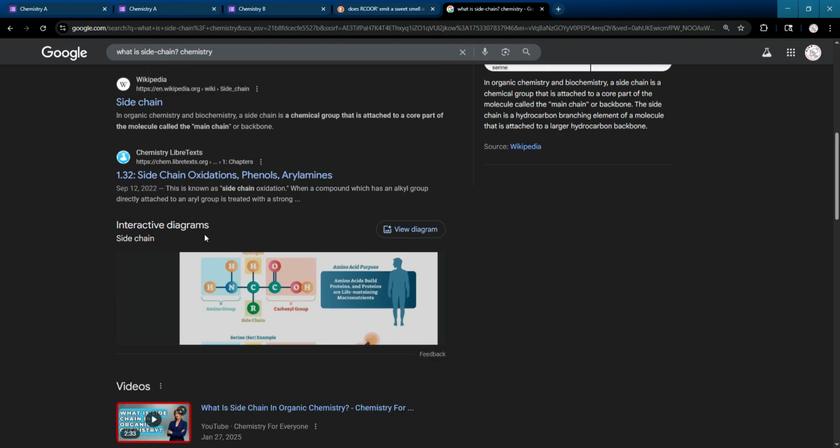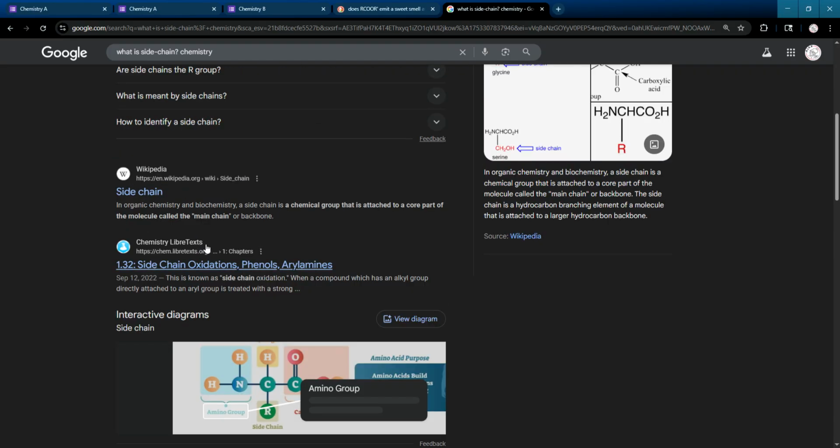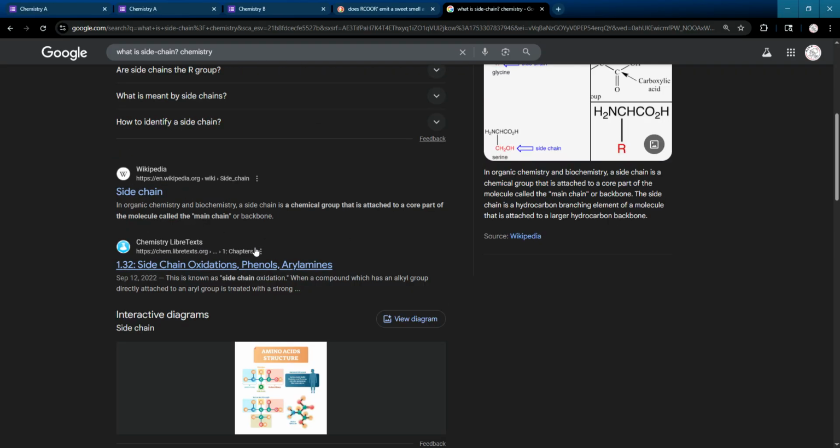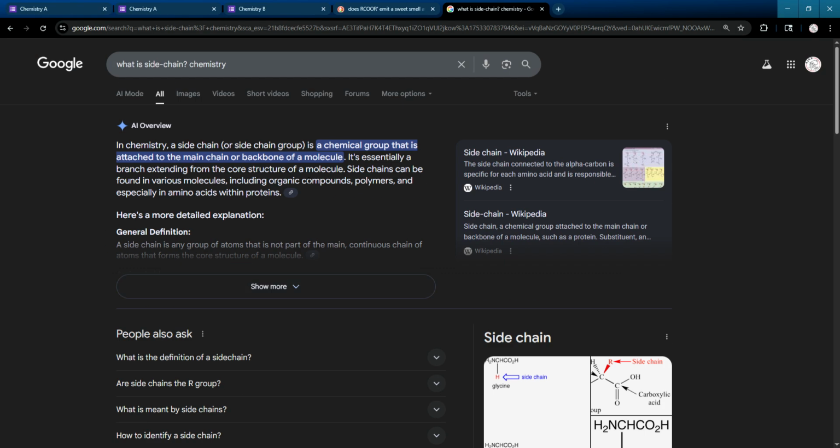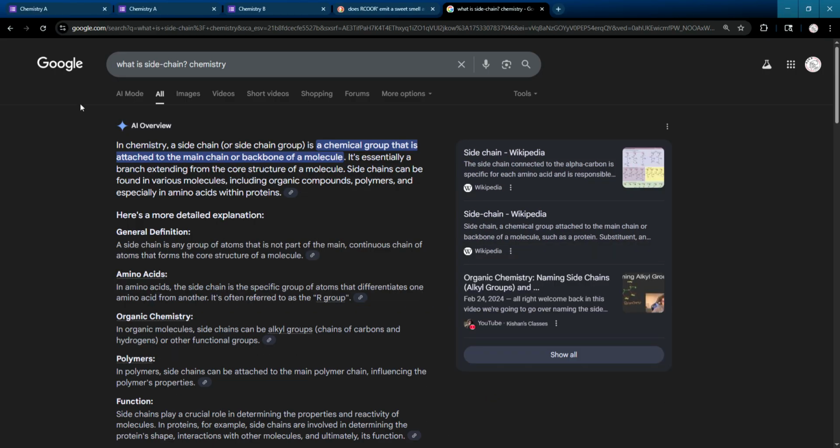Yeah, so side chain should be the ones that can attach to the main chain. I see, that's why there's side chain. Okay.